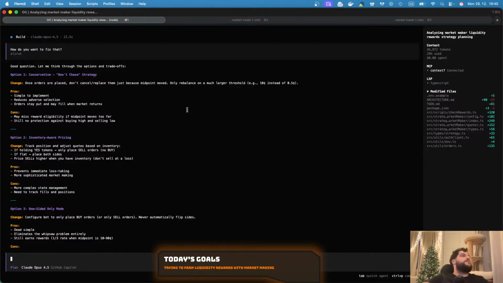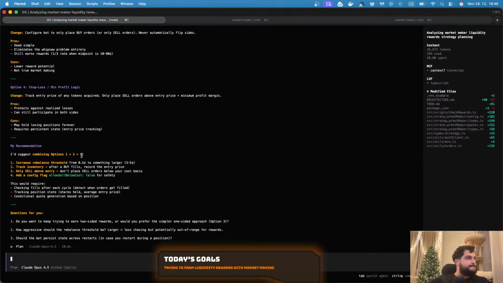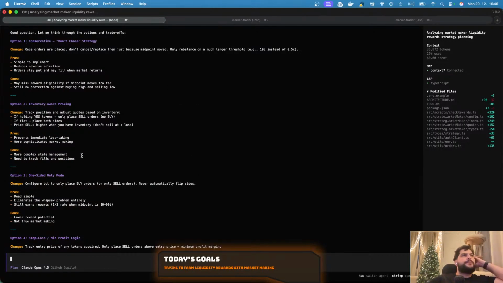Pros: simple to implement, reduces adverse selection, orders stay put and fill as the market returns. Cons: we miss reward eligibility if the midpoint moves far. Still no protection, buying high and selling low.